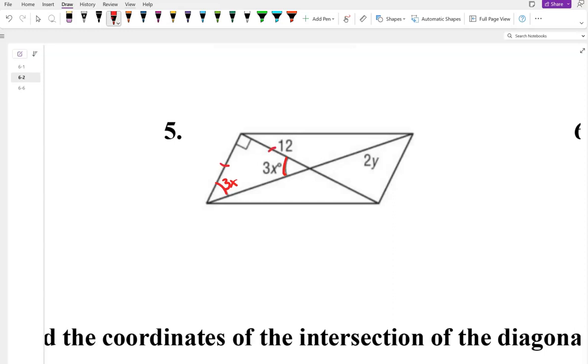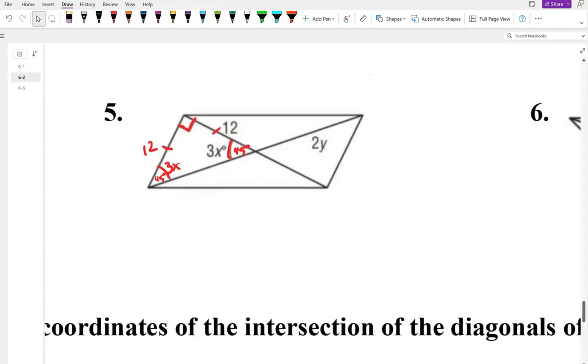That means that these two sides are both congruent, so this is 12 and that one's 12. Well, if you remember from last unit, when we have a 90-degree angle, and it is an isosceles triangle, which means they're both equal, that is going to be a 45, 45, 90. So this is 45 degrees, this is 45 degrees, and that's a 90-degree angle.